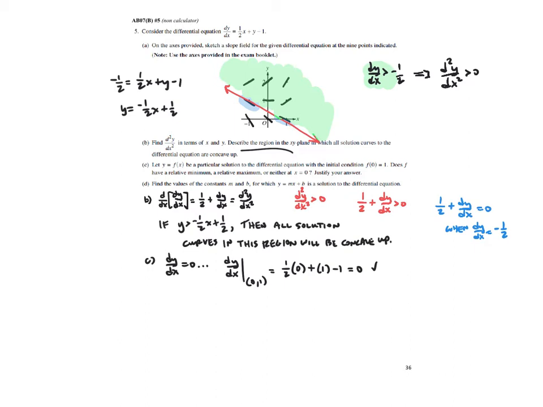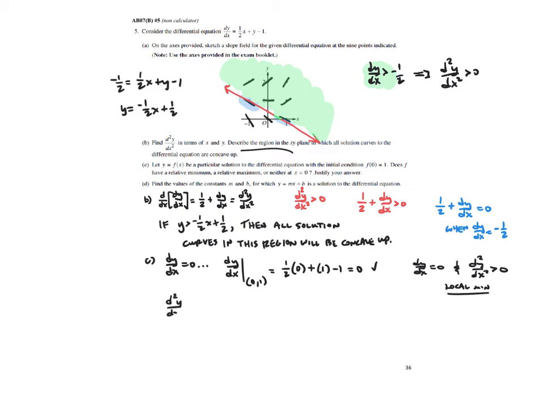If dy dx is equal to 0 and the second derivative is greater than 0, then this would be classified as a local minimum value. And if, let's say, the second derivative is less than 0, that would be a local maximum. So let's go ahead and check.